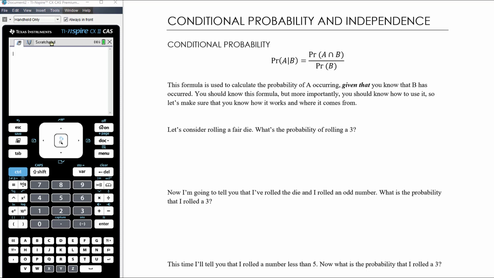Okay, and that is found by doing the probability of A intersection B divided by the probability of B. Okay, so the probability that both of the things will happen divided by the probability that the second thing will happen. Okay, but I want to talk through that, so let's take a step back from that formula.